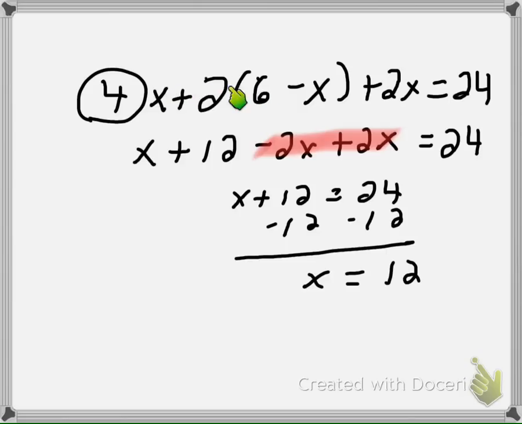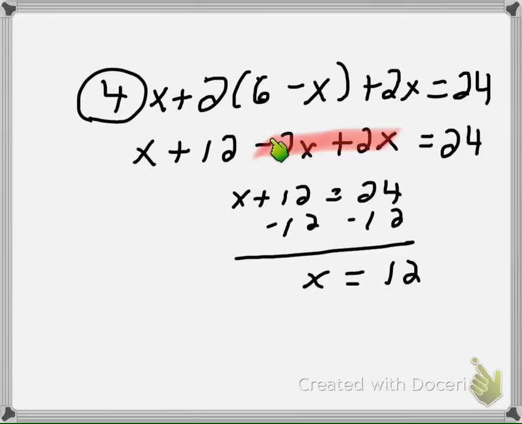Once, twice. So, I copied down the x, I'm just bringing it down. 2 times 6 is 12, bring it down. 2 times negative x is negative 2x, bring it down. And then I brought this 2x down, and equals 24 down. Now I can see that I have these like terms right here.